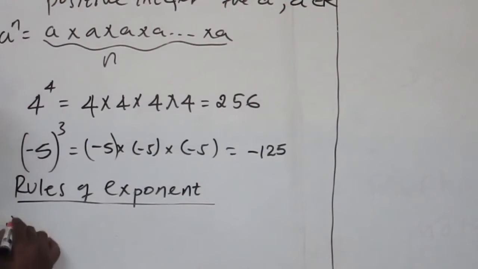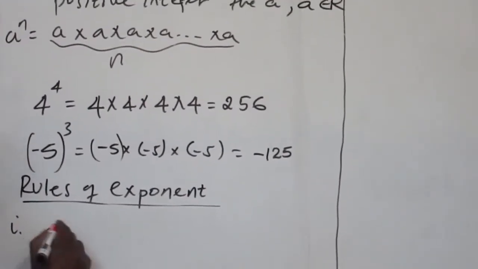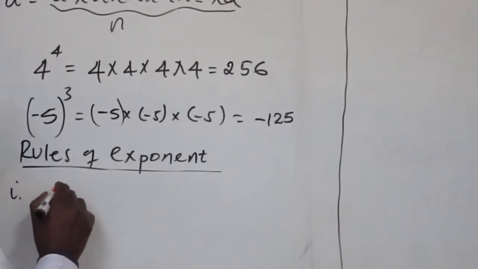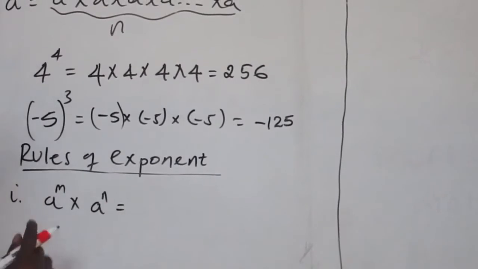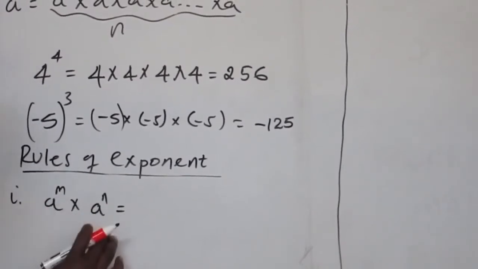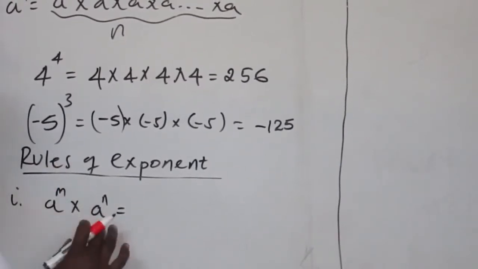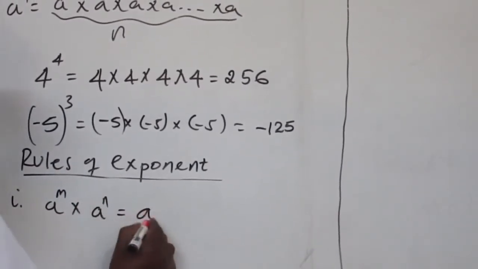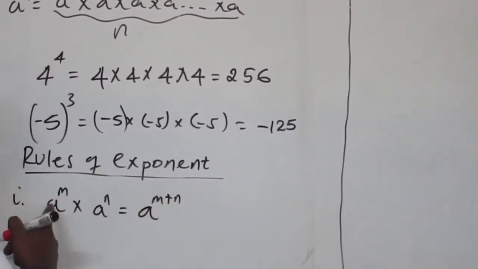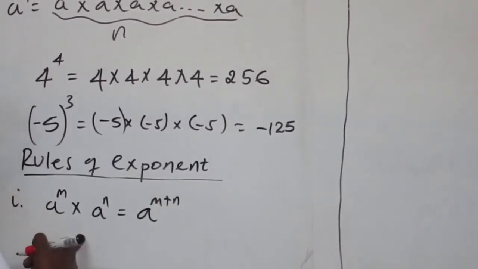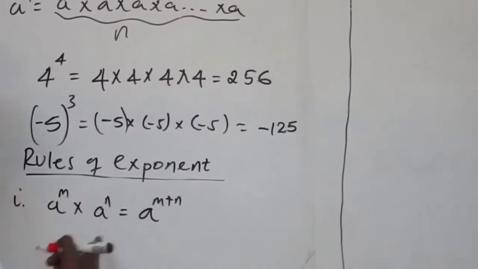The first one: a to the power of m times a to the power of n, with the same base but different exponents, is a to the power of m plus n. This means multiplying powers with the same base means adding the exponents.